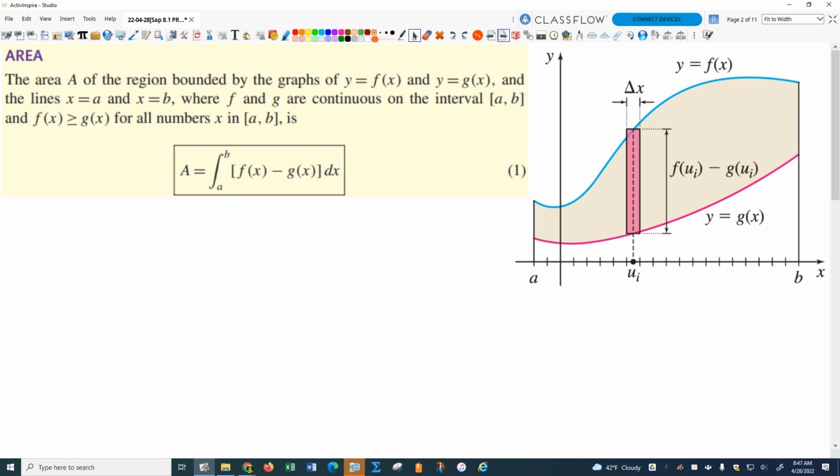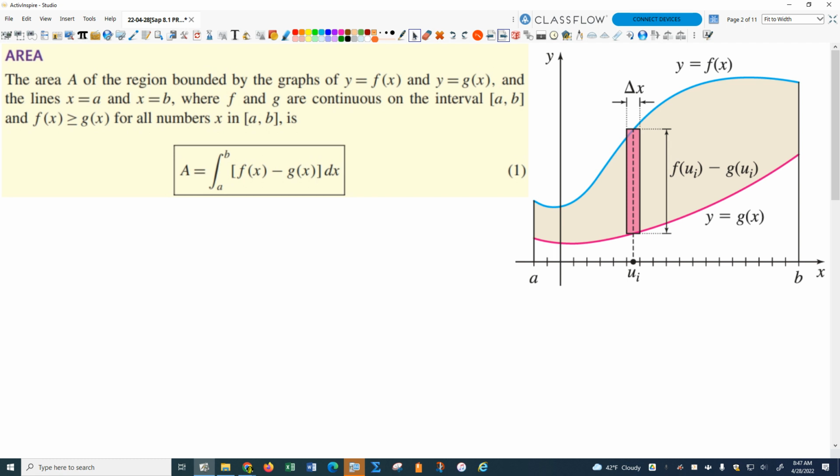If we want to find the area of the region bounded by the graphs of these two curves, f of x and g of x, well, all it is just going to be the height of the big rectangle minus the height of the small rectangle, right? Doesn't that make sense? So another way of visualizing that would be to say the height of the rectangle is just going to be the top function's value minus the bottom function's value at any value of x.